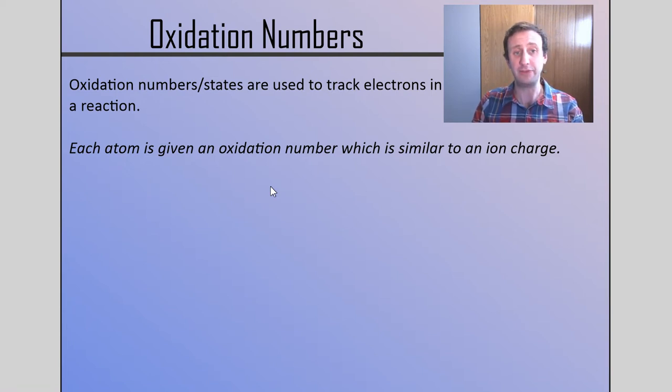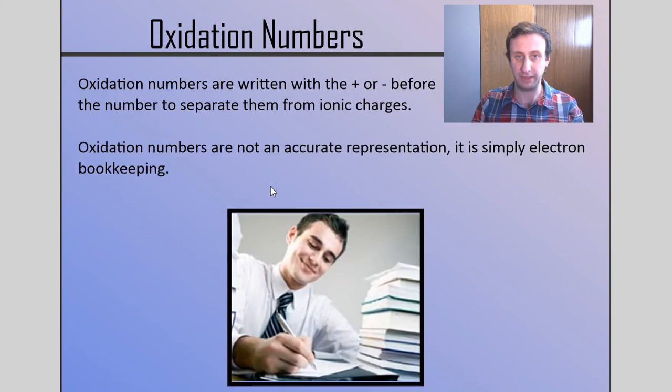Each atom is given an oxidation number which is very similar to its ion charge. It's not the same, but it's closely related. So how do we actually show that it's an oxidation number? One thing we do is write the positive or negative as a symbol before the number.